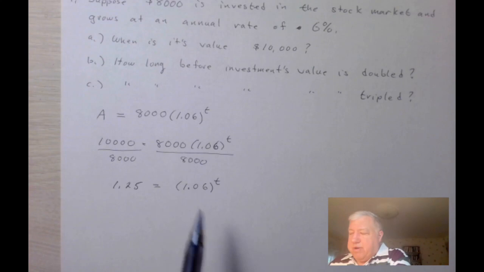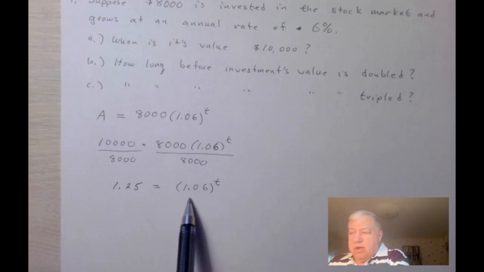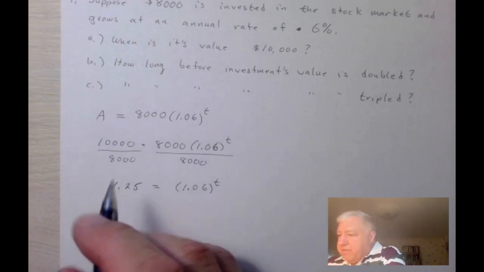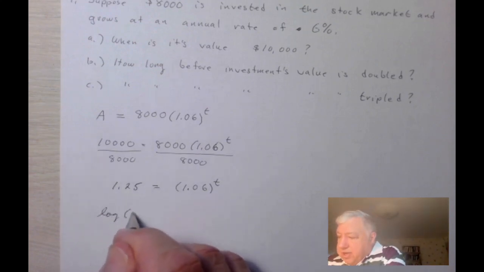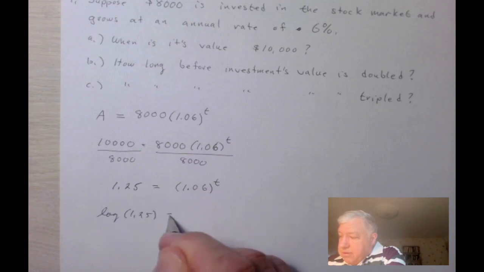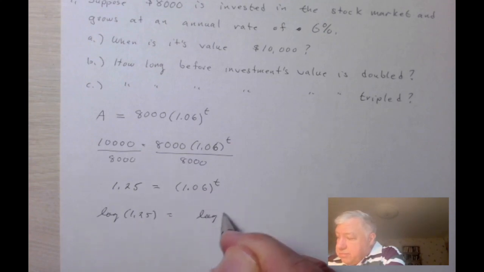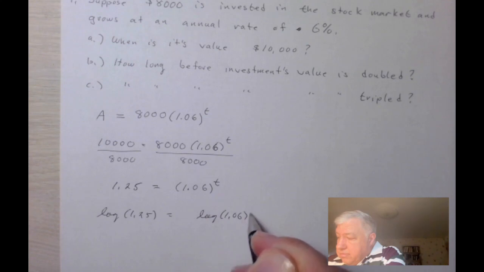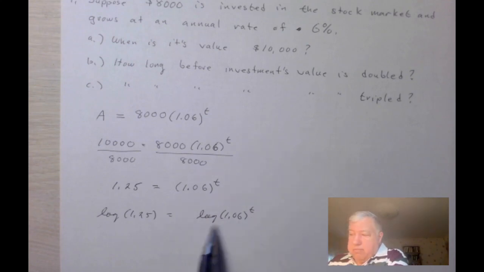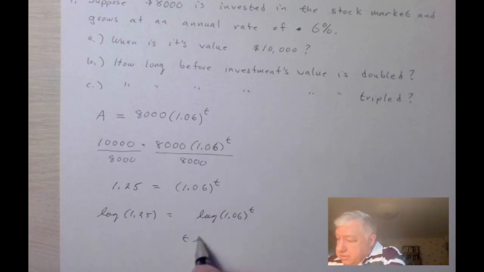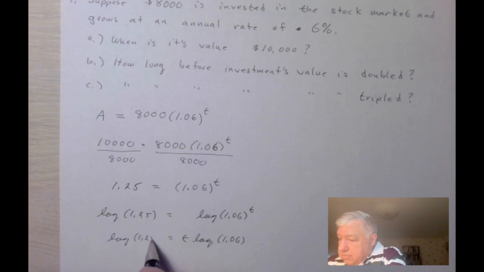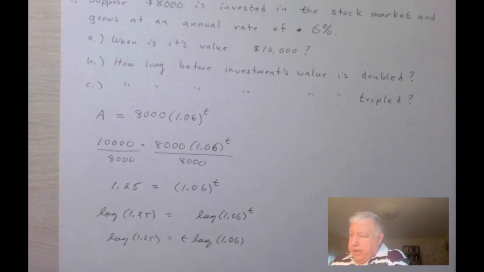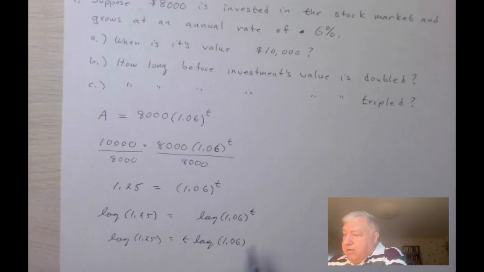We could actually write t as the log base 1.06 of 1.25, but let's just take the common log of both sides. With the exponent t, we can bring the t out front, and then divide by the log of 1.06.